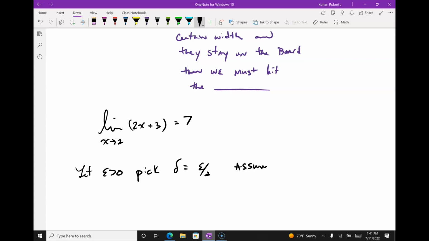Assume 0 is less than |x minus what? What's my c value?